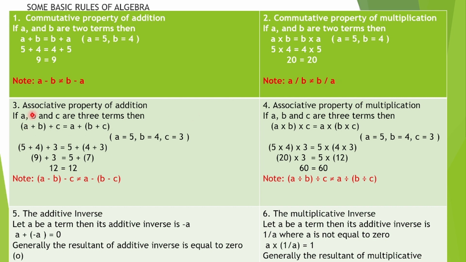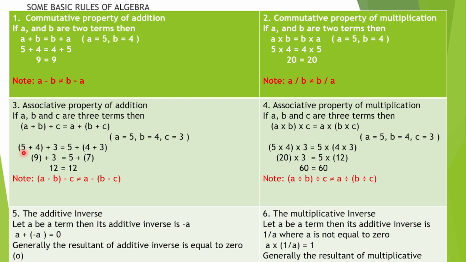The third property is the associative property of addition. Let's say if a, b and c are three terms, then (a plus b) plus c is equal to a plus (b plus c). So let's say a is equal to 5, b is equal to 4 and c is equal to 3. Now put these values.